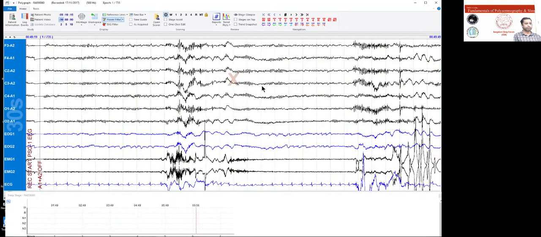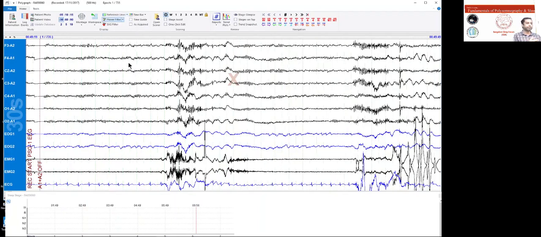This is alpha activity you can see. This is the first epoch we are doing now. A power filter is there. This is a 30-second epoch divided into 1-second intervals.